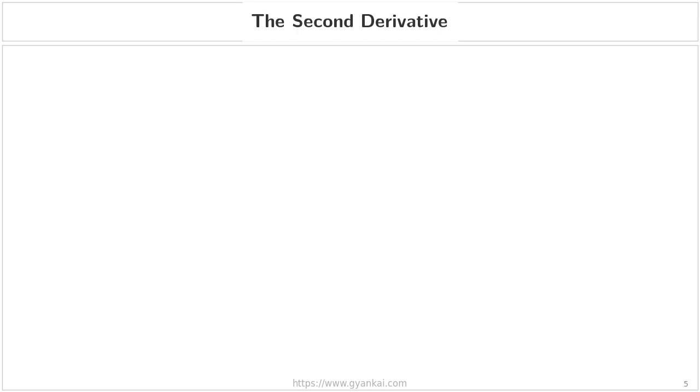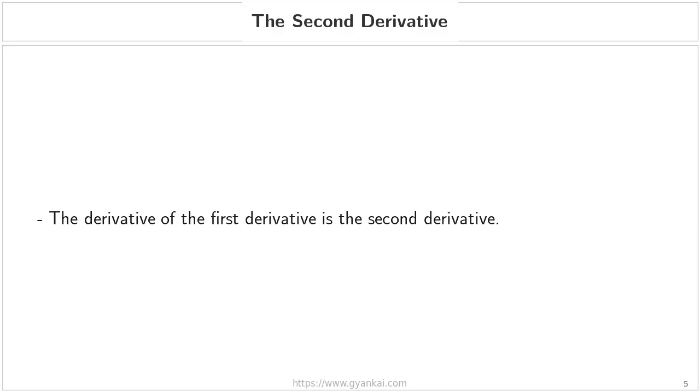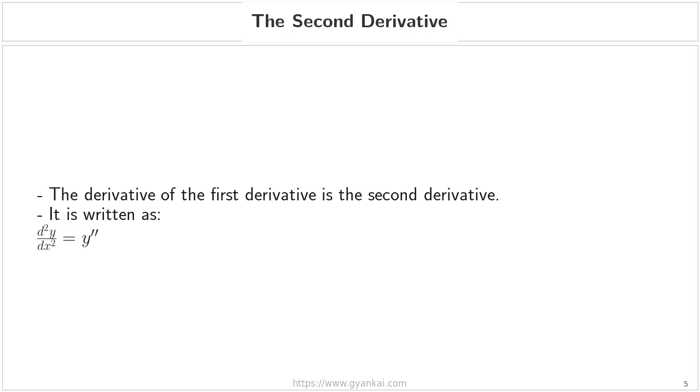The second derivative. Now that we have established what the first derivative looks like using both Leibniz and prime notation, let's step up one level. If we take that first derivative we just discussed and differentiate it once more, we arrive at what we call the second derivative. In Leibniz notation, the notation becomes slightly more complex.